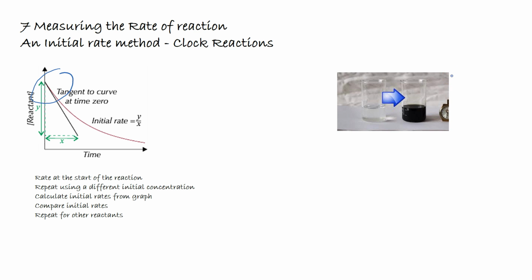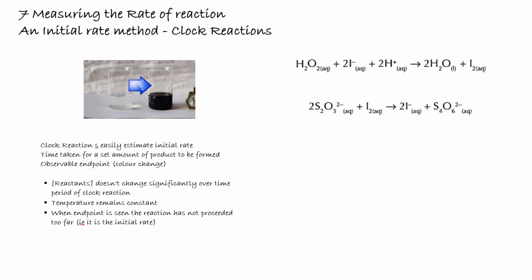Now, a simpler method of doing this is called the iodine clock reaction. These are simpler because we no longer have to plot numerous graphs, and we make some simplifications in this experiment. The clock reaction easily estimates the initial rate of reaction and it is taken as the time taken for a set amount of product to be formed.